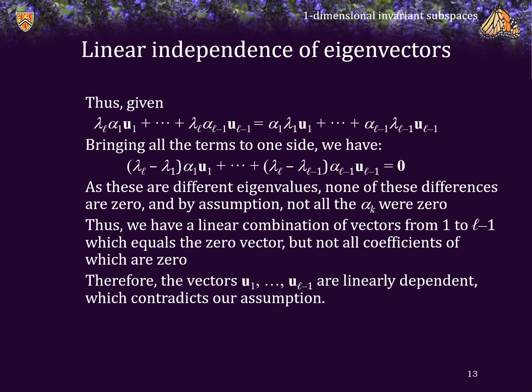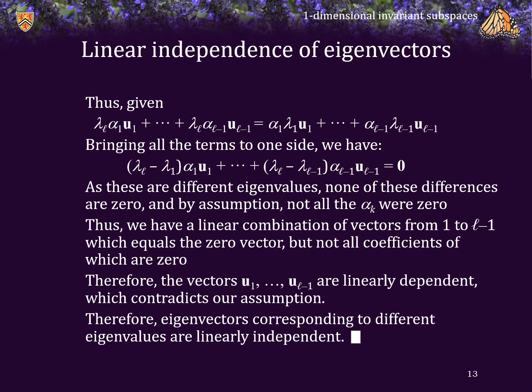Therefore, the first L-1 vectors are linearly dependent, which contradicts our assumption that u sub L was the first linearly dependent vector that depended on the previous ones. Therefore, contradiction, and therefore our original hypothesis is correct.